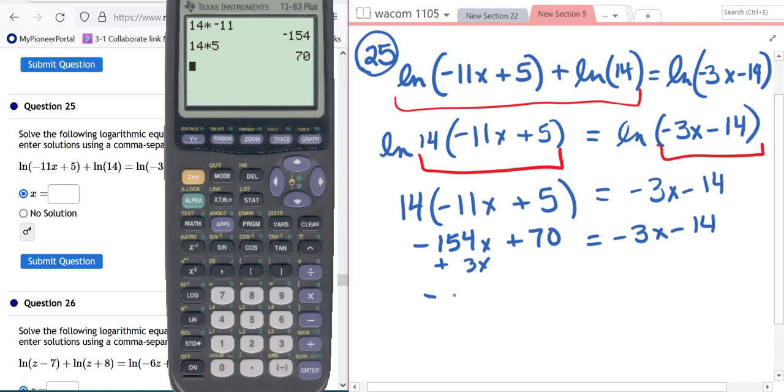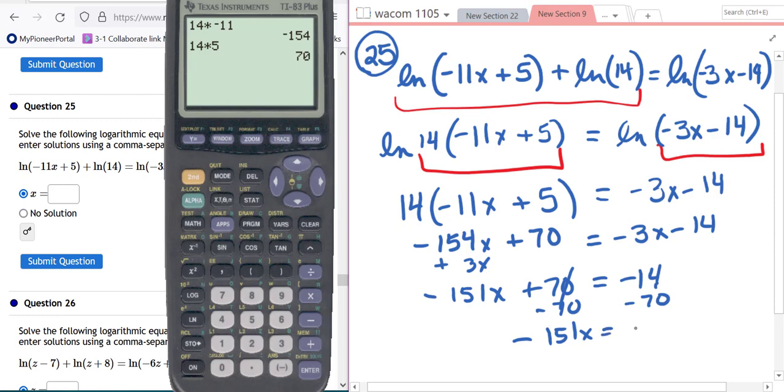And this will be a negative 151x plus 70 equals negative 14. Subtract your 70 from both sides. So negative 151x equals negative 84. And divide by negative 151.